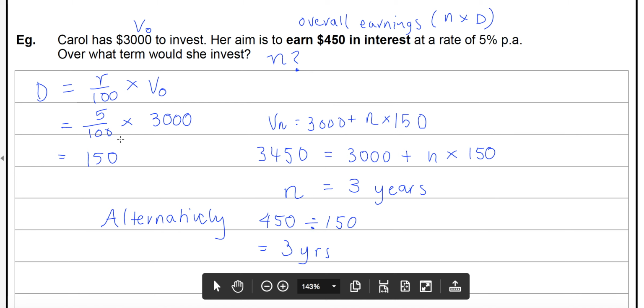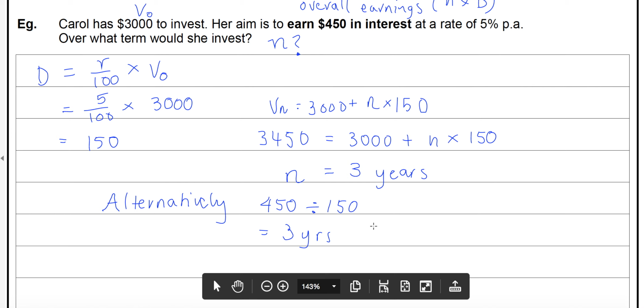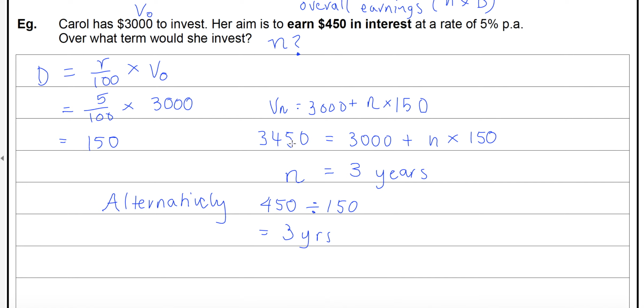So sometimes it's actually a lot quicker just to set it up like this, like I've done here. But I mean, it really depends on the question. You can set up a rule like so. Sometimes what you find is it might not be an exact number of years, so it might come out as like 2.25 or something like that. So knowing how to set up a rule is really important, and to substitute into it like so.